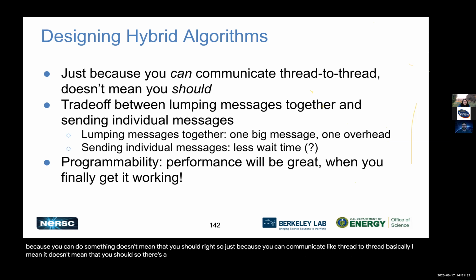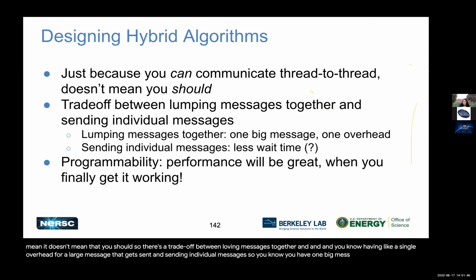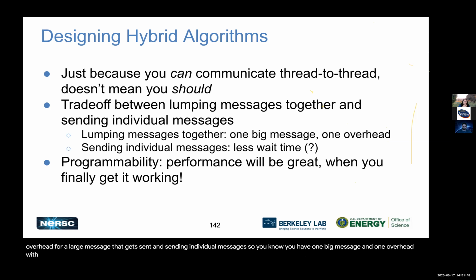There's a trade-off between lumping messages together, having a single overhead for a large message, and sending individual messages. With one big message, you have one overhead. With individual messages, you have a lot of little messages with a lot of individual overheads, and maybe you might have less wait time, but not always. So you just really have to think about that trade-off.